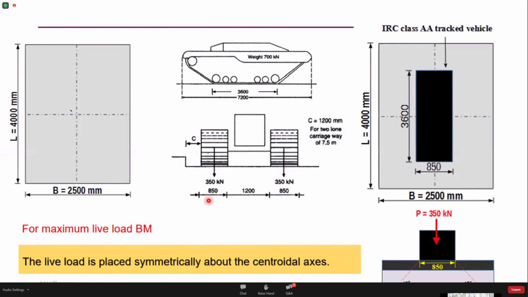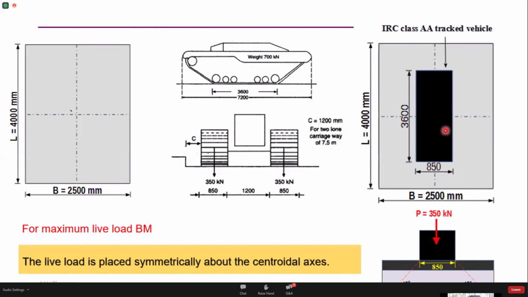Here you can see the contact width of the wheel on the deck slab is 850 mm. I have placed this wheel load symmetrically about the center. By doing this, I am doing two things. First, I am accommodating the IRC Class AA tracked vehicle wheel loading on this slab.